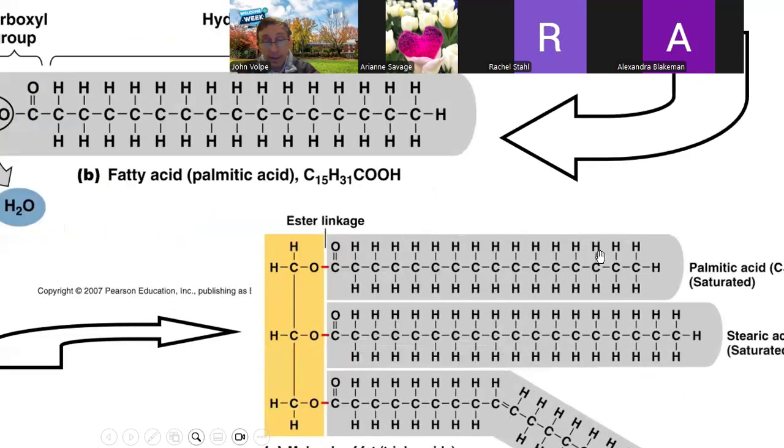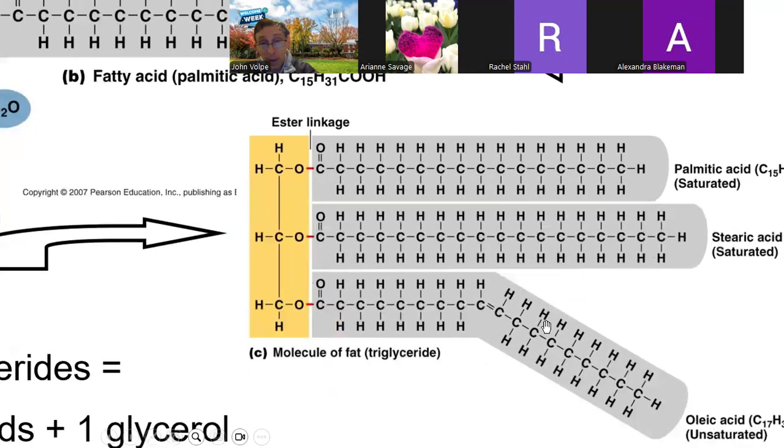This is a saturated fatty acid on this fatty acid group here, meaning it's held together only by single carbon bonds. Here we have an unsaturated fatty acid that has one or more double carbon bonds holding the carbons together. So you only need one to be called an unsaturated fatty acid.